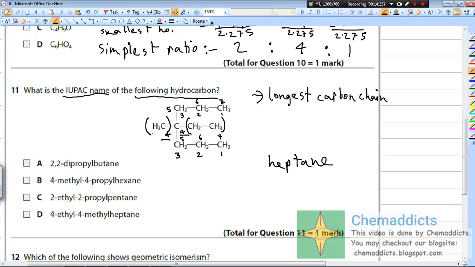The methyl group and ethyl group are on the same carbon atom no matter what. If we count the number of carbon atoms from this direction, the number of carbon is 4.